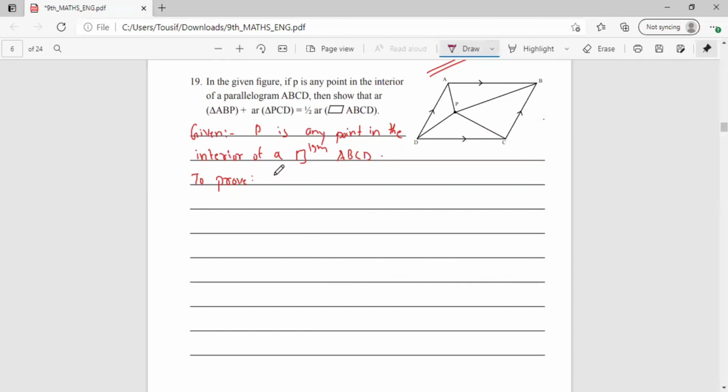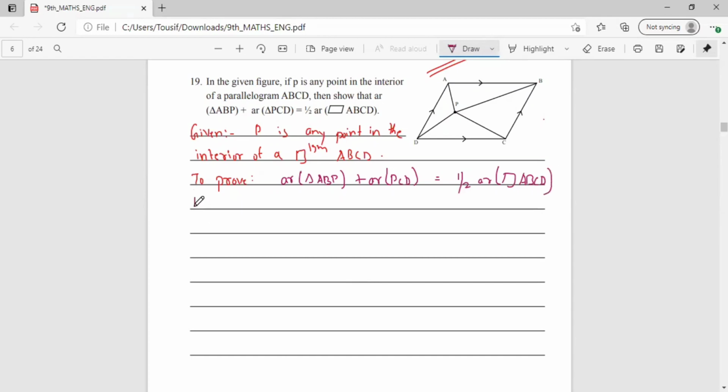This is what they are asking us to prove. That is area of triangle ABP plus area of triangle PCD. The sum of these two triangle areas is equal to half the area of parallelogram ABCD. This is what they're asking us to prove.